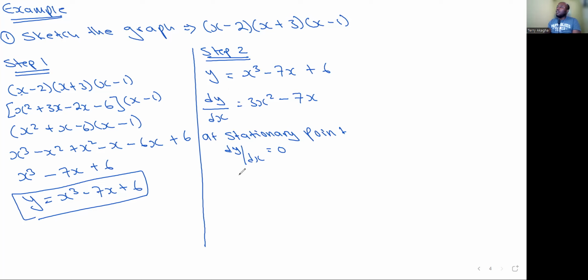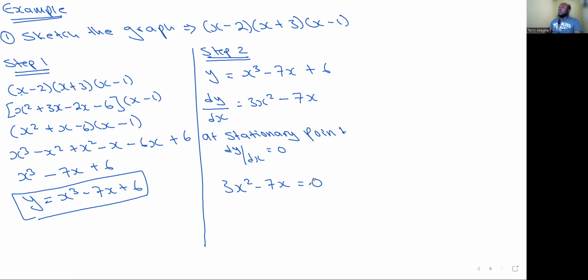So that means we're going to have 3x squared minus 7x equal to 0. Remember, we want to factorize here, so there are 2 ways of doing this. You can decide to use the common factors method, or you can use the quadratic formula, or you can find the value of x directly.